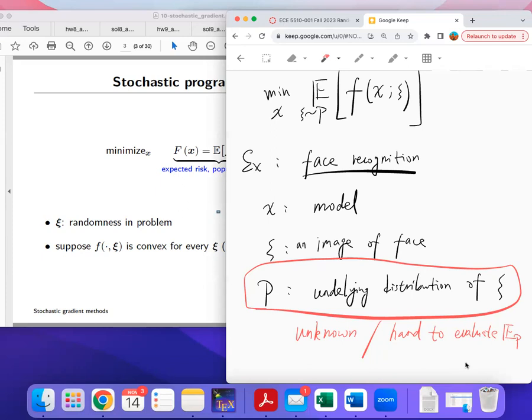It's a very abstract thing. So you don't really know this distribution. You may have some intuitive understanding, but you don't know exactly what it looks like. And because we don't know that distribution, we also do not know how to compute the expectation under this distribution. So this is the challenge for this problem.